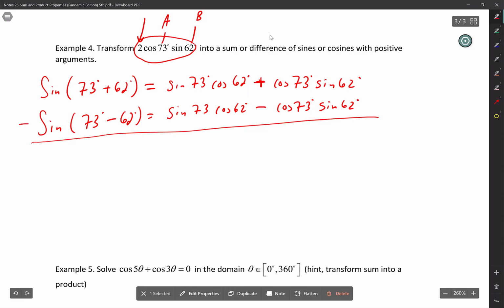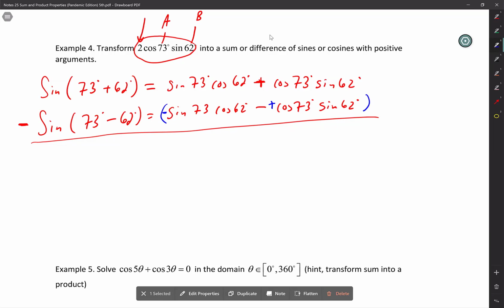Why am I subtracting? Okay. I'm subtracting because I want to cancel the sine cosines, but I want to add up the cosine sines. If I subtract, that minus turns to a positive.